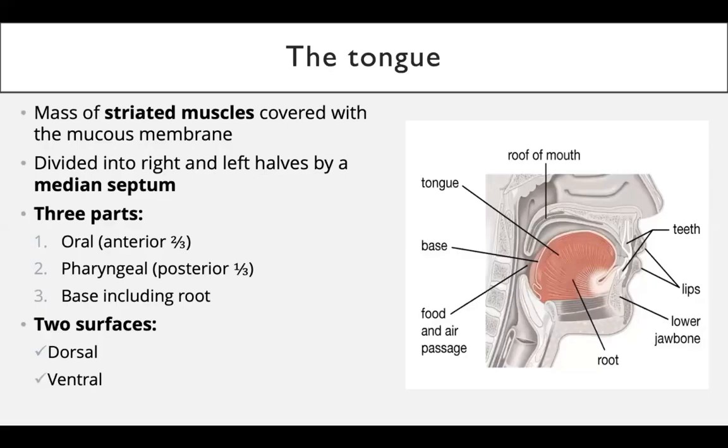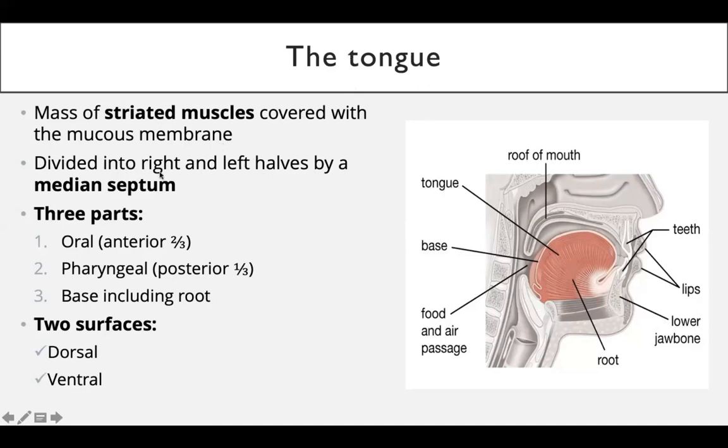So the tongue is basically a mass of striated muscles, right? Covered with mucous membrane. As you know, the muscle types: striated, non-striated, cardiac. So these are the muscles which are striated, covered with mucous membrane. I'm talking about the tongue.